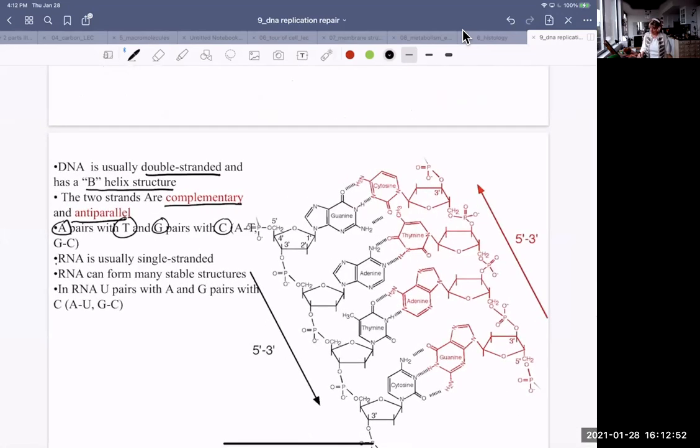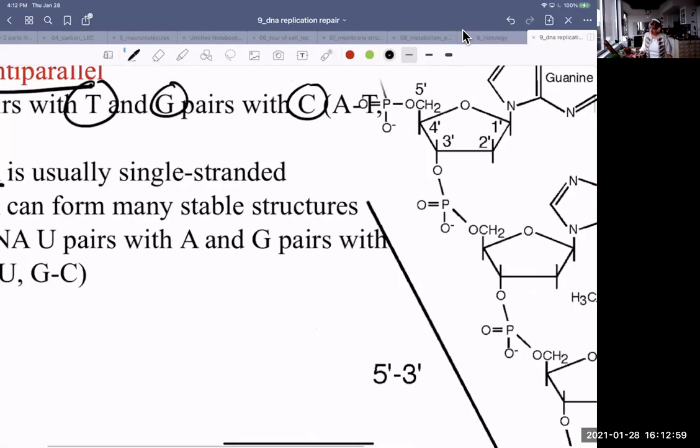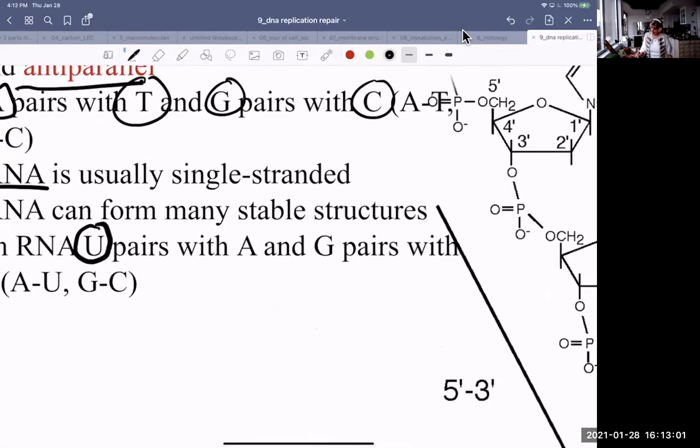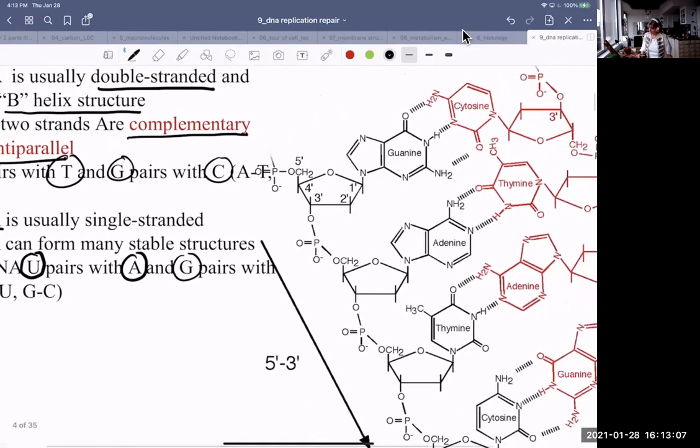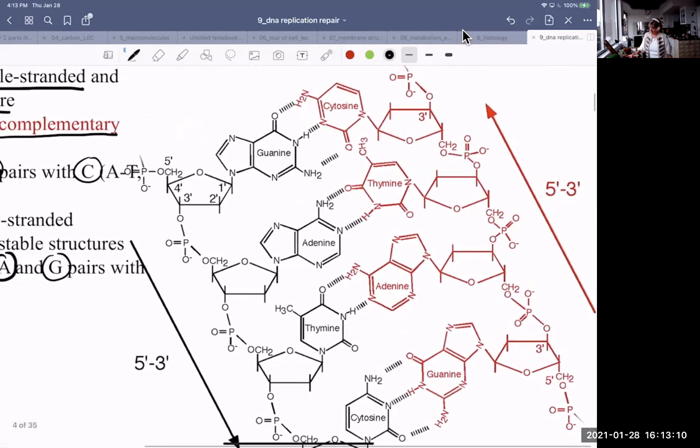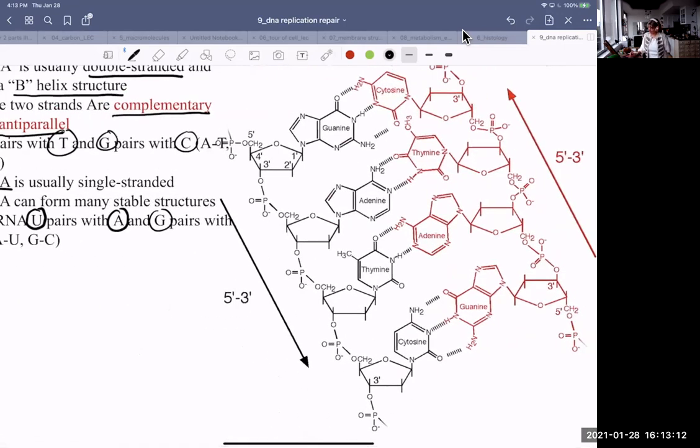RNA, on the other hand, is single-stranded and forms some different structures. In the case of RNA, remember that uracil pairs with adenine, but guanine still pairs with cytosine. And you'll notice something else here that we'll get into, 5' and 3'.